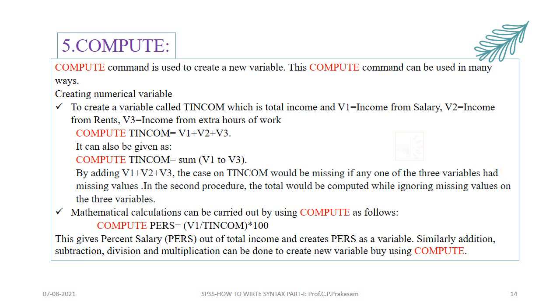By using the first one, V1 plus V2 plus V3, the case's total income, TINCOM, would be missing if any one of the 3 variables has a missing value. In the second procedure, the total will be computed while ignoring all the missing values on the 3 variables. Therefore, before computing, we should also check for the missing values and then calculate accordingly.